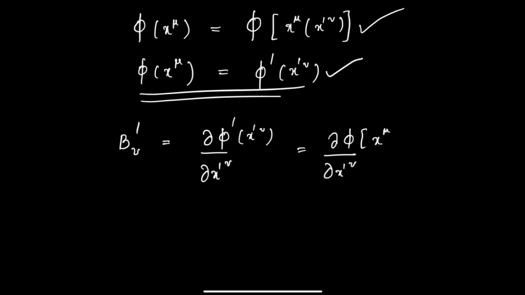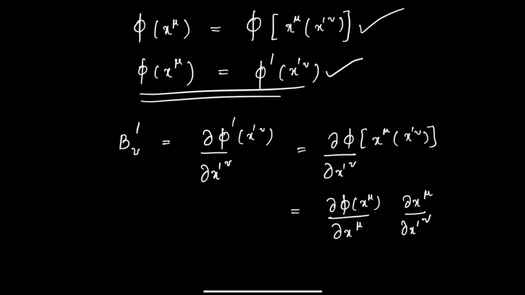Now I have to take the derivative. First I'll differentiate phi, so phi of x mu with respect to x mu, then x mu with respect to x prime nu. This is the differentiation.